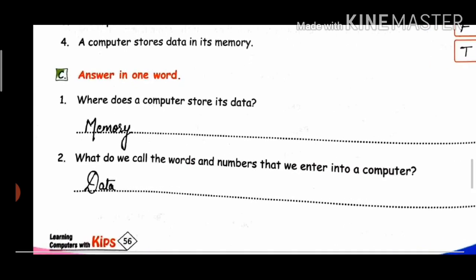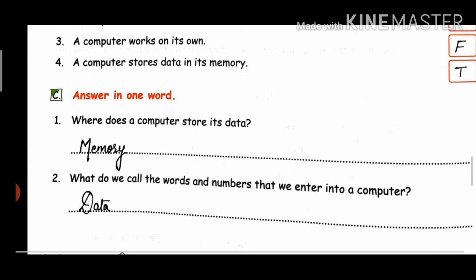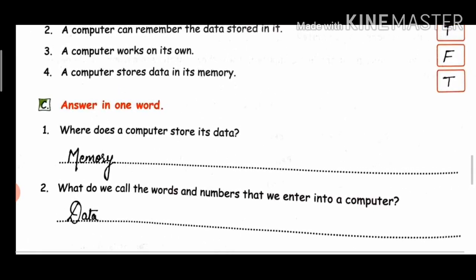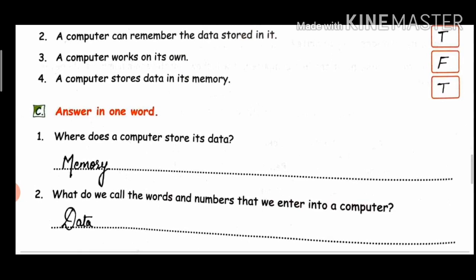Yes, it stores data in its memory, and its memory is present in the CPU box. All the memory which is inbuilt in the computer is present in the CPU box, or we can add some external memories like pen drive, hard disk, or memory card.